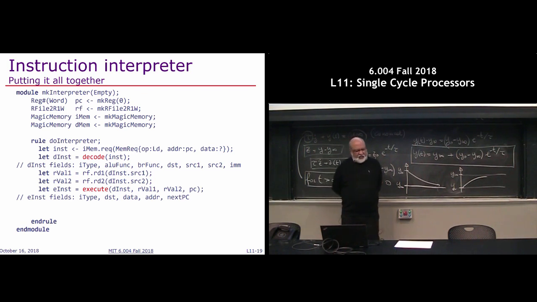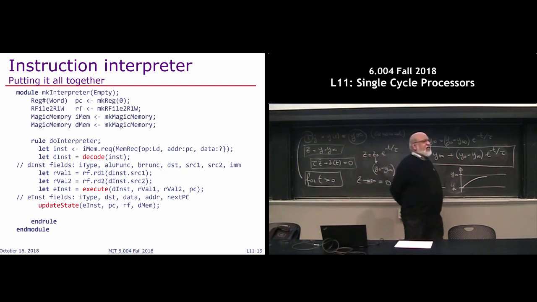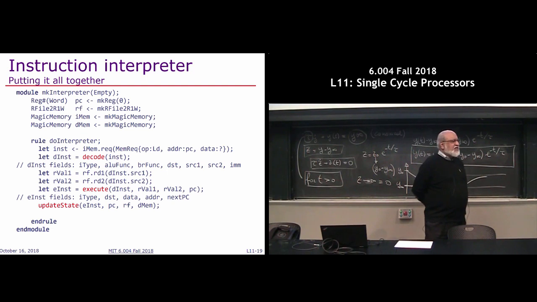You will extract from it itype, destination, data, address, and next PC, etc., because that's what you expect to get when you execute an instruction. And now you say update all the state elements. So I write another procedure and say, please go and update everything in it.